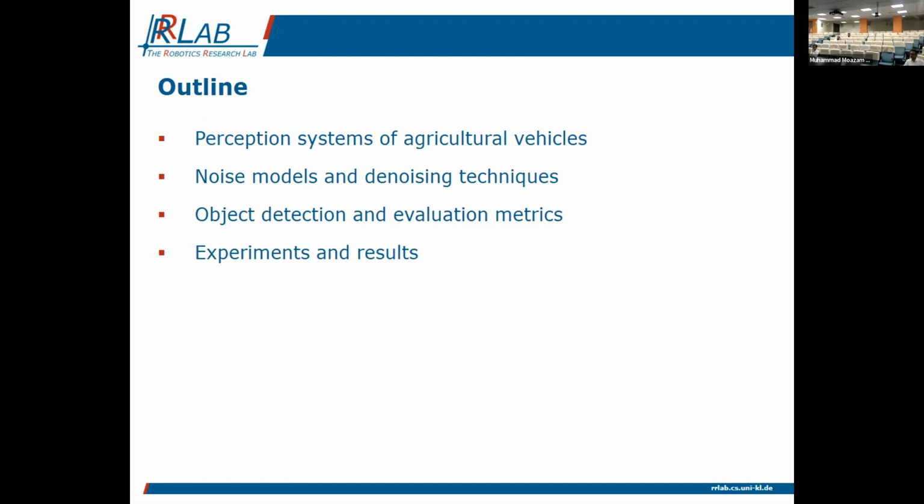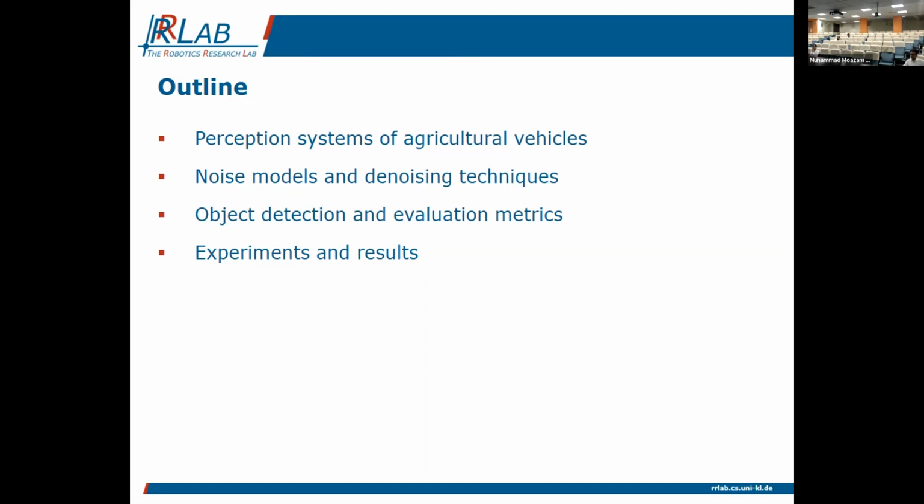What kinds of noise can we mathematically model and expect in such images? And we will talk also about denoising techniques. What can we do, or how can we filter, to remove some of this unwanted signal in our data? We will evaluate this whole thing on an object detection task, which is a classical task for agriculture.